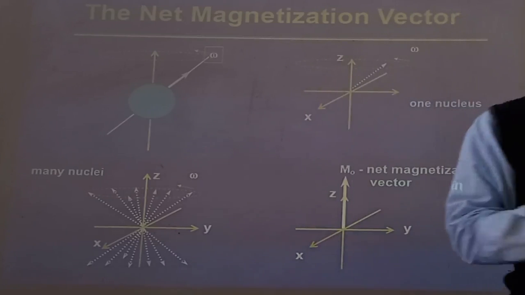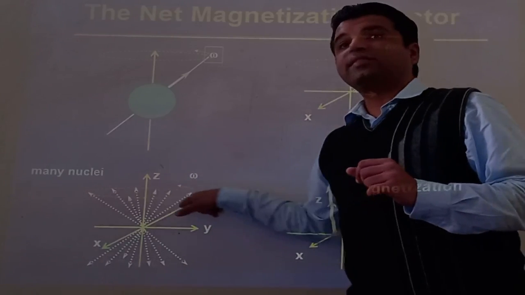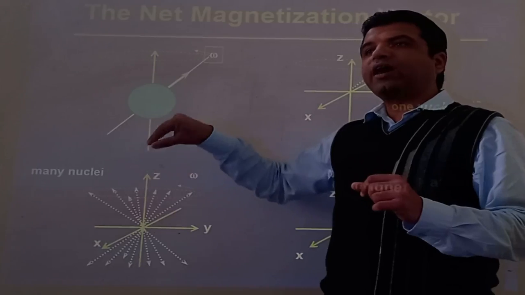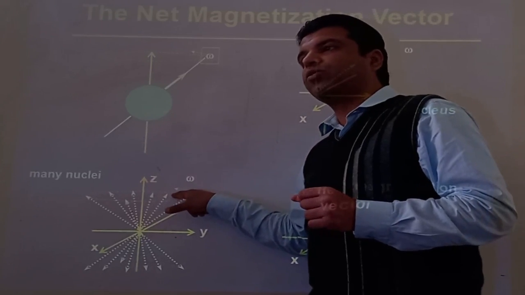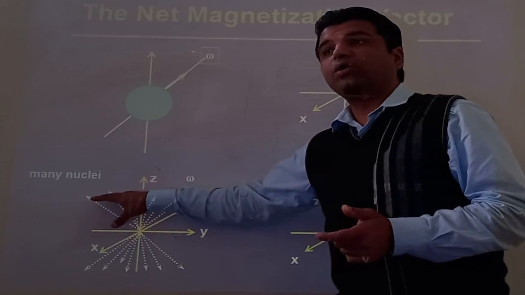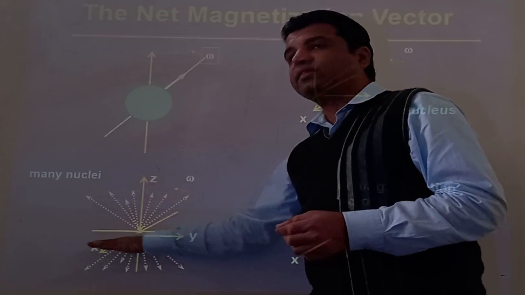Now, you already know from the Boltzmann distribution law that there always is a slight excess of nuclei in the alpha state. And which one of these is the alpha state? This one. This is the alpha state. And you will always have a slight excess of nuclei in this state, which means that these nuclei will be slightly higher in number than these nuclei.